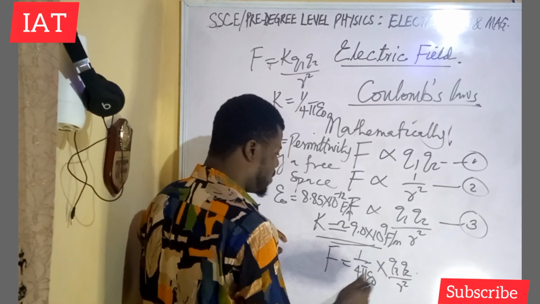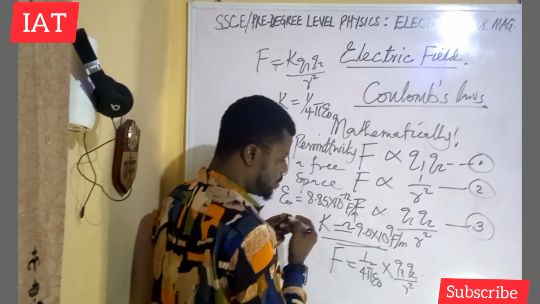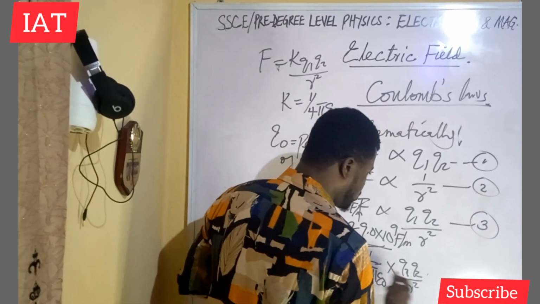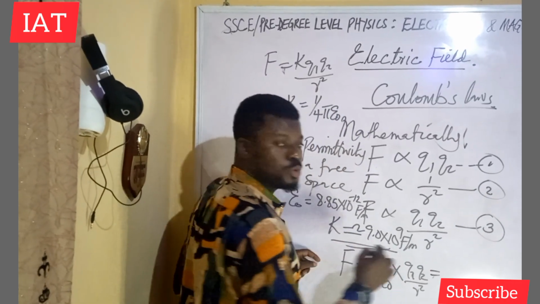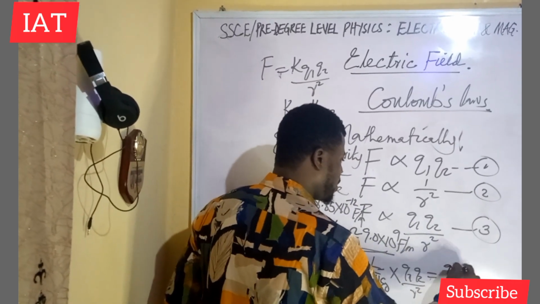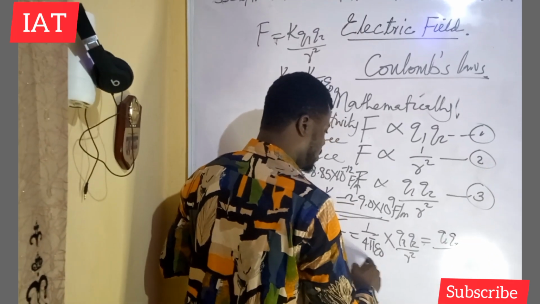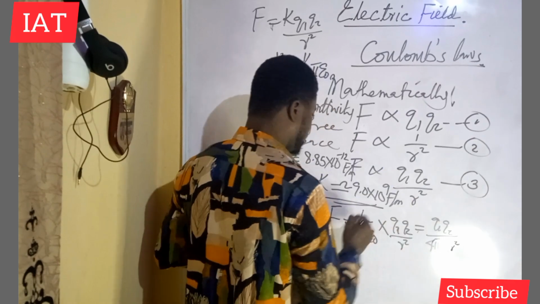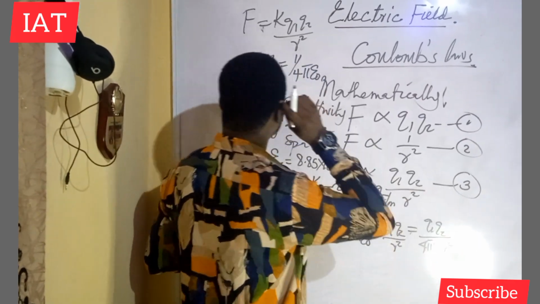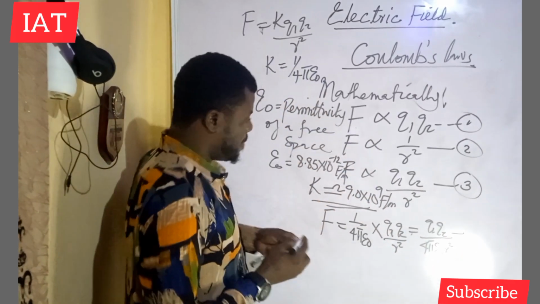The result of this will be, when 1 multiplies Q1 Q2, you have Q1 Q2 all over 4 pi epsilon naught r squared. This is another expression for F.